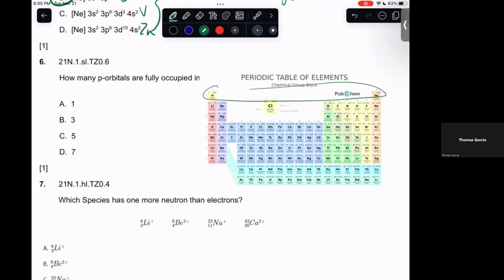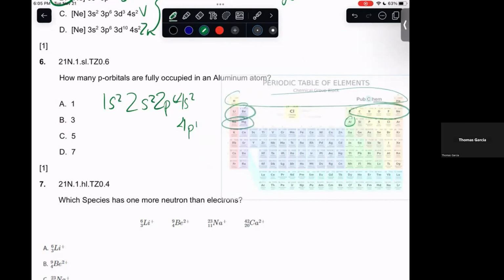Aluminum encompasses the 1s2. Here we have 2s2. We're not aluminum yet. Here we have 2p6, still not aluminum. Here we have 4s2, and here we have 4p1. So we're going to keep all this in mind as we move forward.